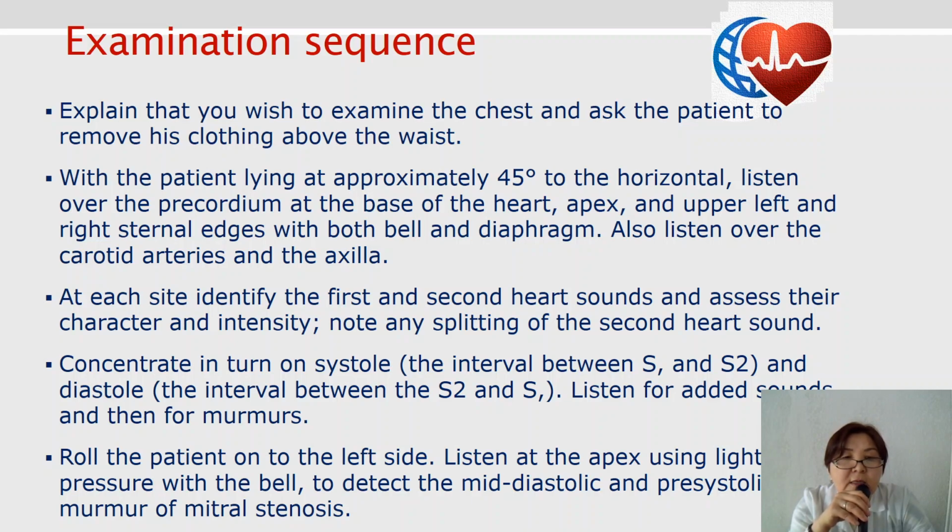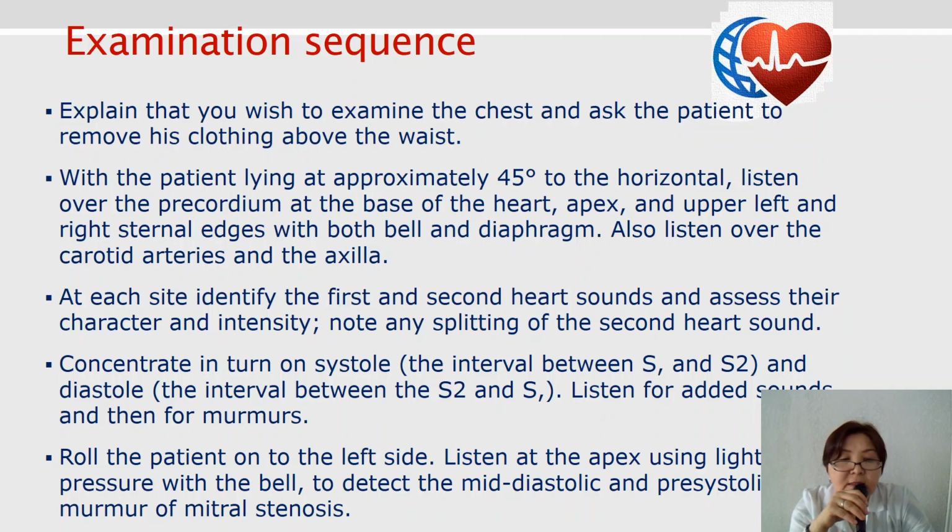At each side, identify the first and second heart sounds and assess their character and intensity. Note any splitting of the second heart sound. Concentrate in turn on systole, the interval between S1 and S2, and diastole, the interval between the S2 and S1.